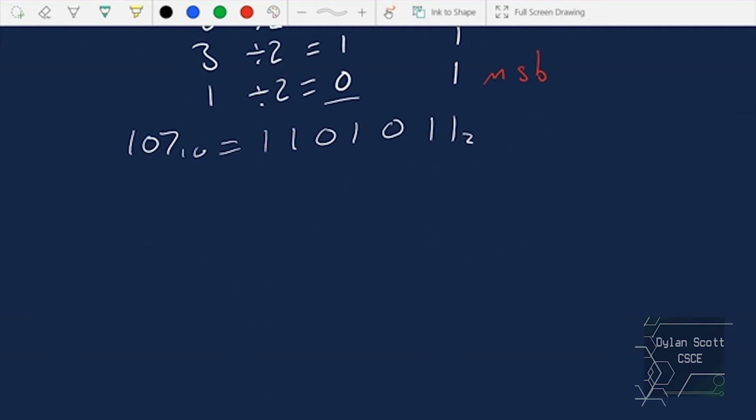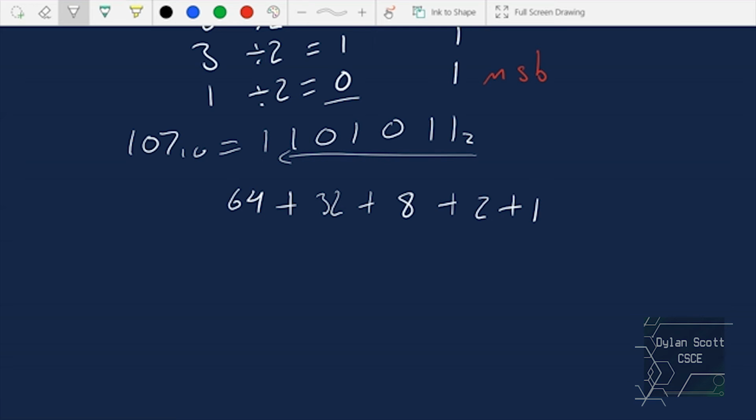Now we want to double check this just to make sure. With the positional notation, it's going to be 1 plus 2 plus 0 times 4, which is 0, plus 8 plus 32 plus 64. I like working from the right back.